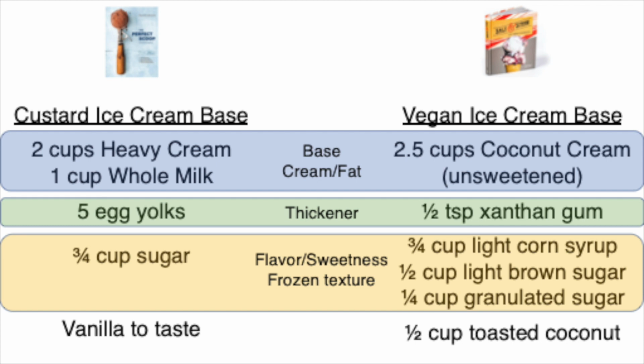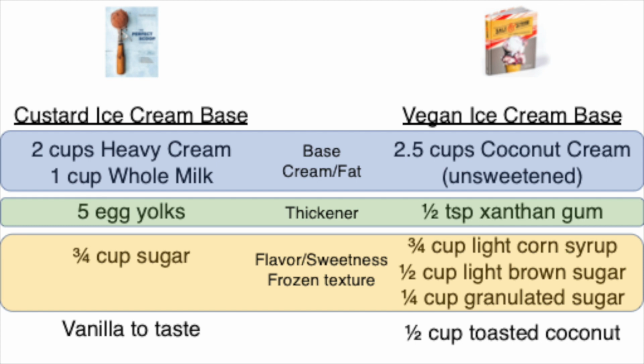All of those are going to add different flavors and different amounts of sweetness. The sugar is really important because it is going to have a huge effect on the frozen texture of the ice cream. Once the ice cream is frozen, all of that sugar is going to lower the freezing point of our ice cream, and so it's going to help keep that ice cream soft.